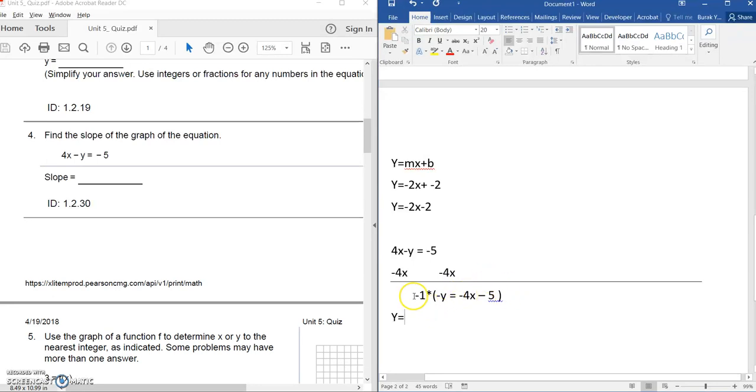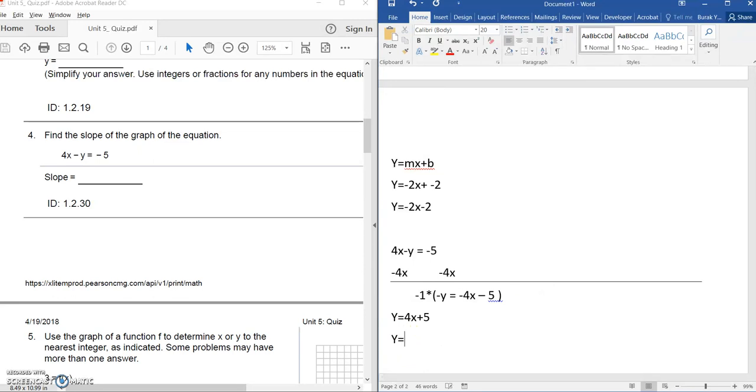And then -1 times -4x is positive 4x. So this -5 would be plus 5. So the equation now in slope-intercept form is y equals 4x plus 5.